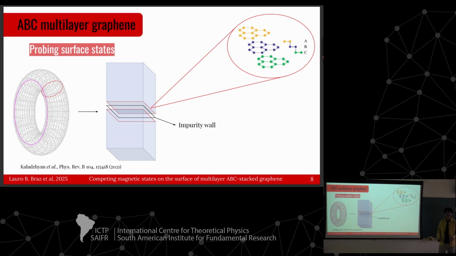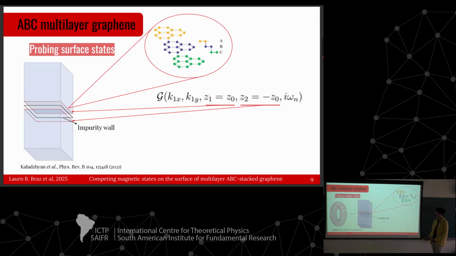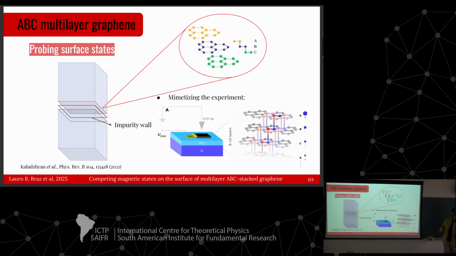We can do that using the Green's functions formalism. In this way, we mimic the STM experiment, which can only measure a few layers from the top inside the material.